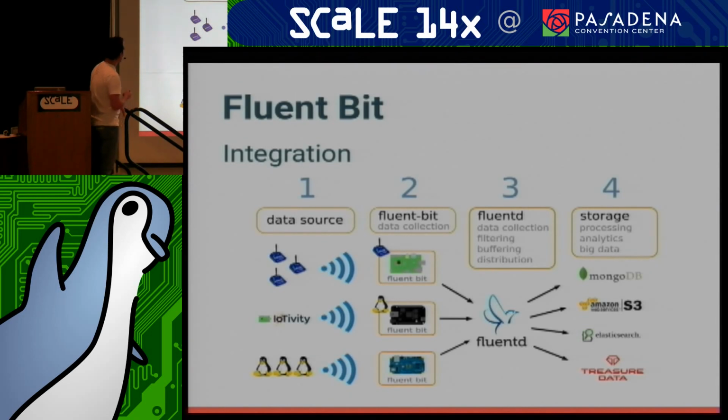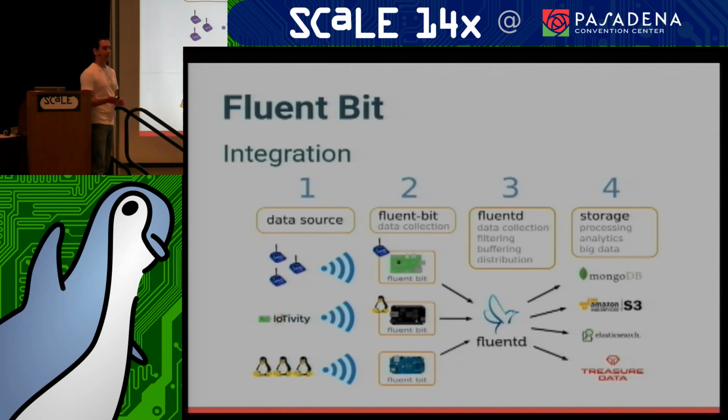Fluent Bit resides on the embedded device. This is just an example, where the data source can be an IoT framework, as the one described previously, an XBee device, a small radio device that's in the market, or some other Linux peers. Once it gets the data in, it flushes the data to Fluentd, and of course, after that, you can flush to everywhere.